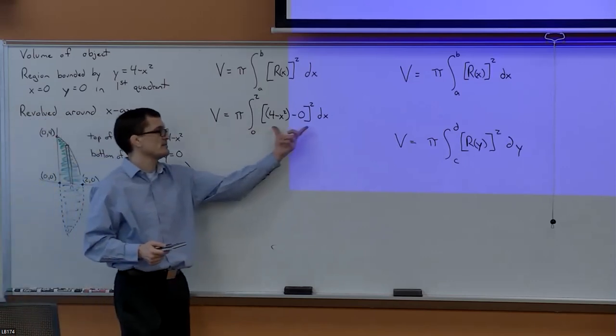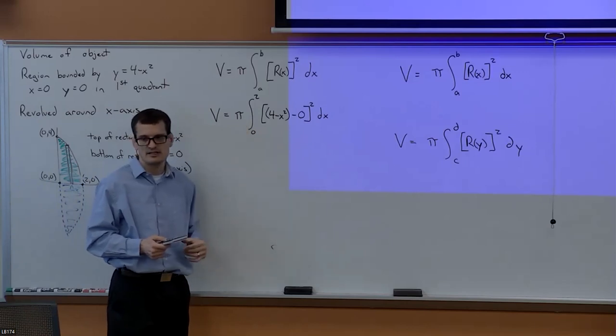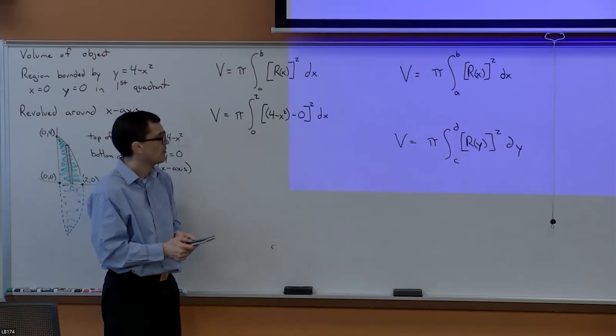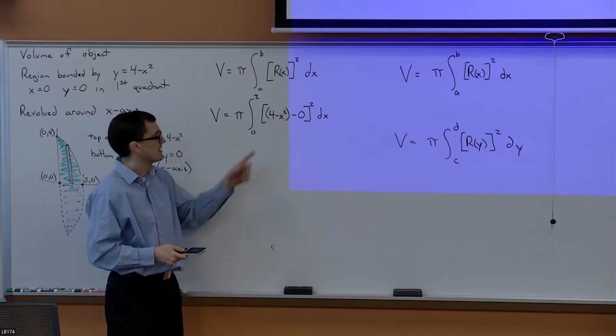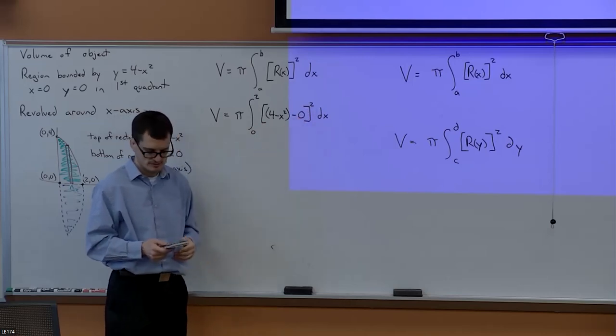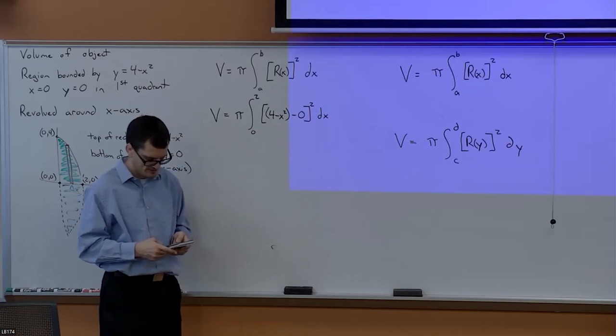I'm gonna integrate first and then leave off the pi, and then I'll plug in the pi. Or you can do it the opposite way, doesn't matter. So we get this 4 minus x squared minus 0 quantity squared, on the inside, integrating with respect to x.